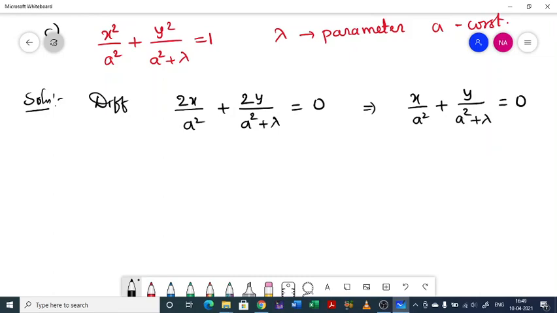So from this, okay, I forgot one more thing here, dy by dx I have not written, 2y into dy by dx we have forgotten. So from this we have minus x by a square equal to y into dy by dx divided by a square plus lambda.